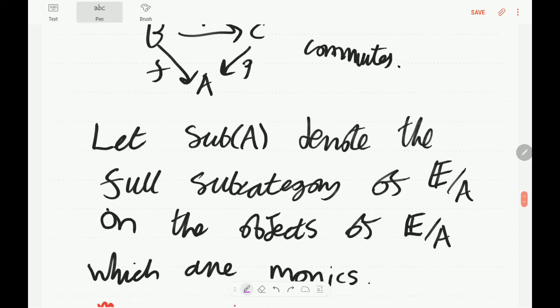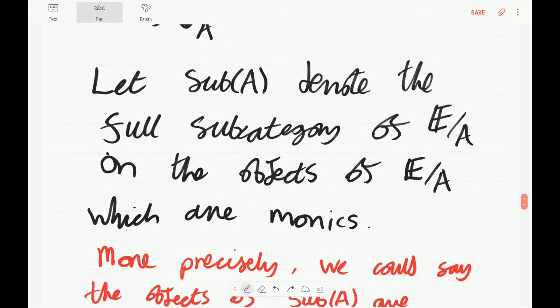Now we let Sub A denote the full subcategory of E slice A on the objects which are monics.